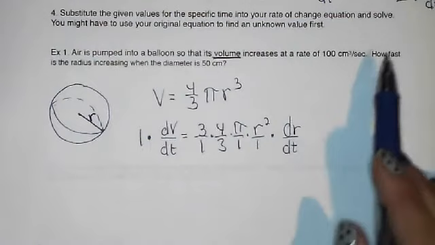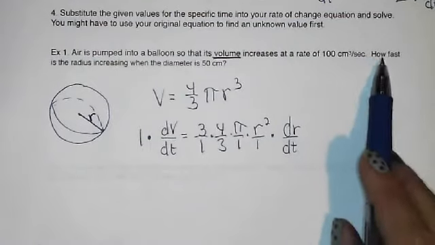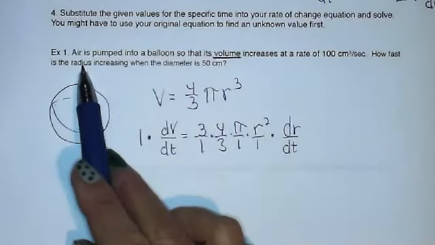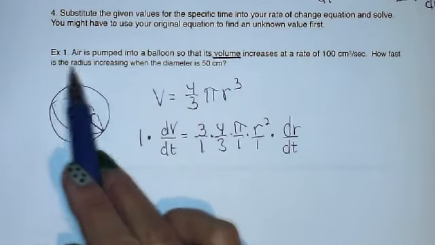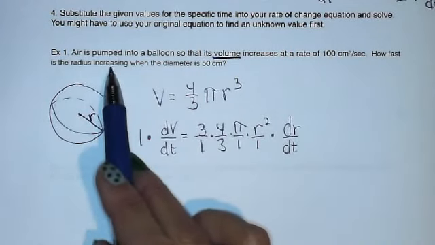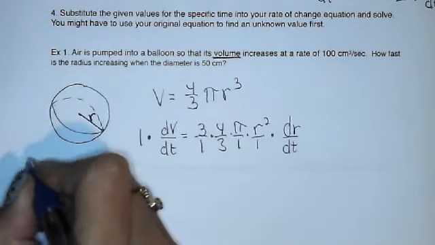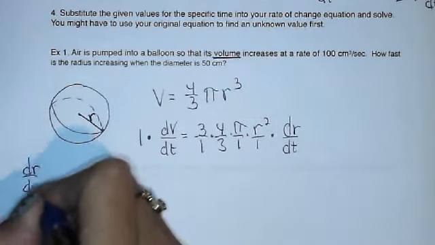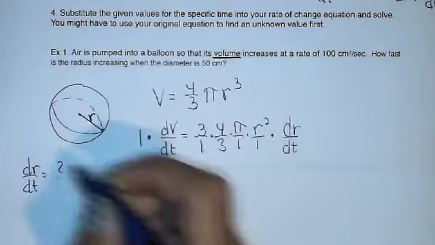Okay, now at this point, we've got to see what's given and substitute in. What we're looking for is how fast is the radius increasing when the diameter. So how fast is the radius increasing? That's our dr dt. So we are looking for dr dt.